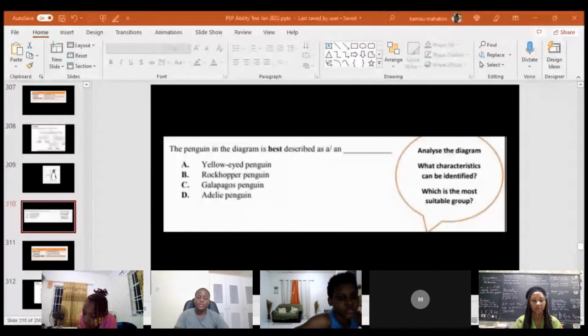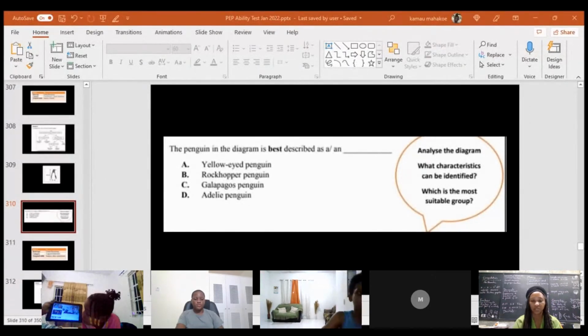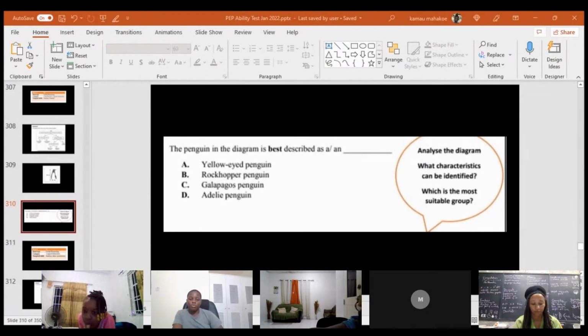D, Adelie penguin. Whenever you see a bubble, please read the bubble first. Did you read the bubble, Jer? No, miss. All right, read it. Analyze the diagram. What characteristics can be identified? Which is the most suitable group?